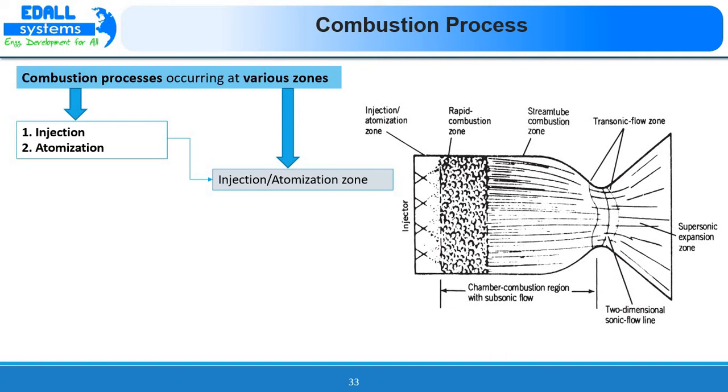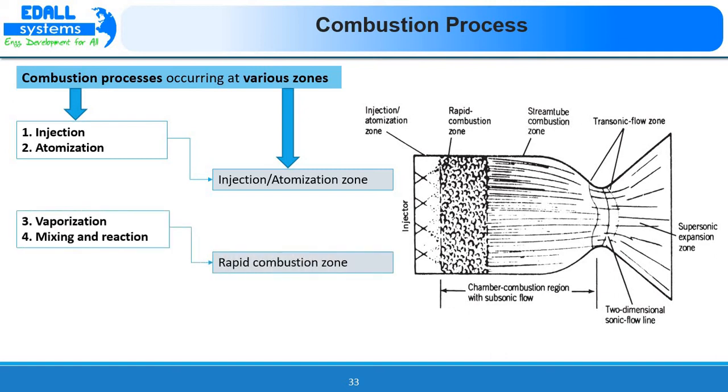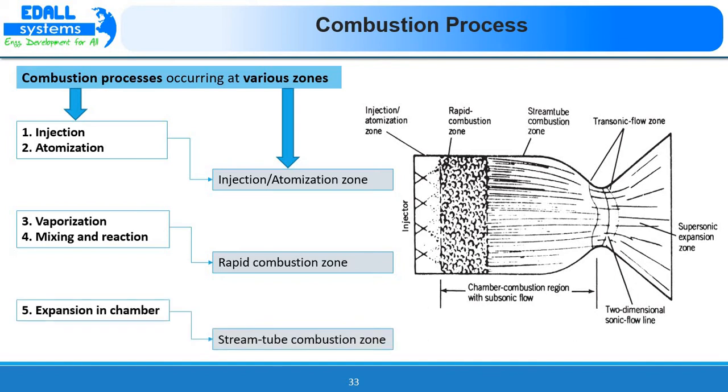The next is vaporization, mixing and reaction, which happens in the rapid combustion zone, the second one, and the last one is expansion in the chamber, which happens in the stream tube combustion zone. These 5 processes constitute the combustion process for liquid propellant rocket engines, and they happen in 3 different zones, which are outlined below.